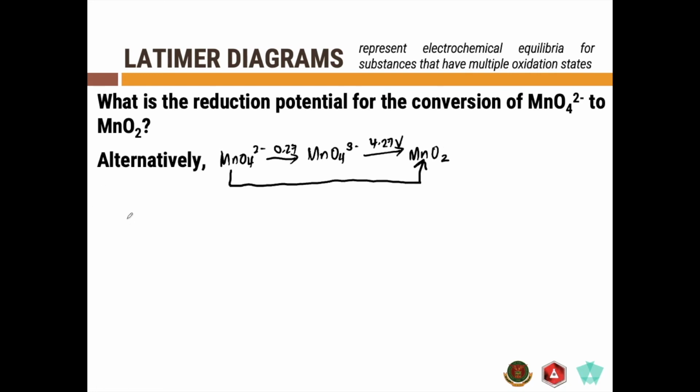So to illustrate that, we have negative nFE for the MnO4 2 minus to MnO2 conversion.